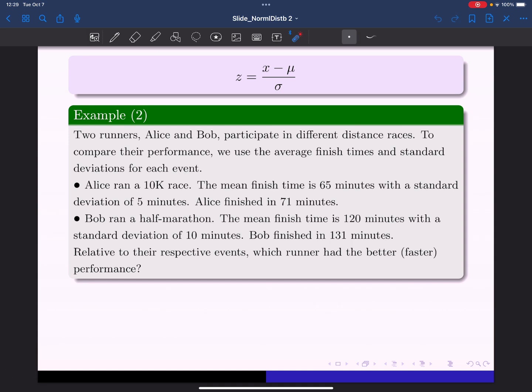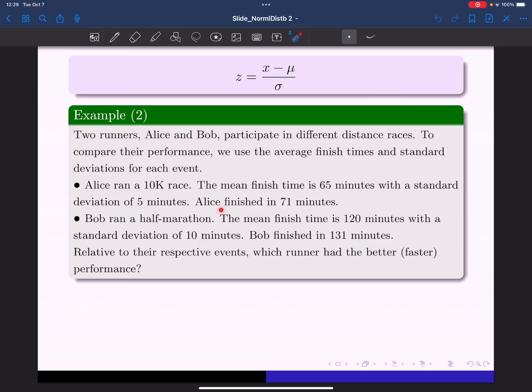Example 2. Two runners, Alice and Bob, practice in different distance races. To compare their performance, we use the average finish time and standard deviation for each event. Alice ran a 10K race. The mean finish time is 65 minutes with a standard deviation of 5.